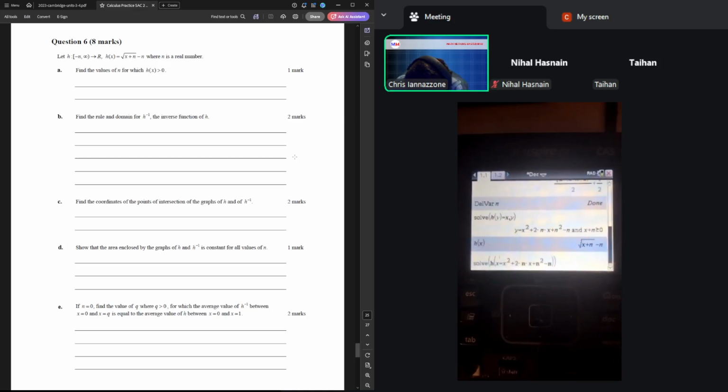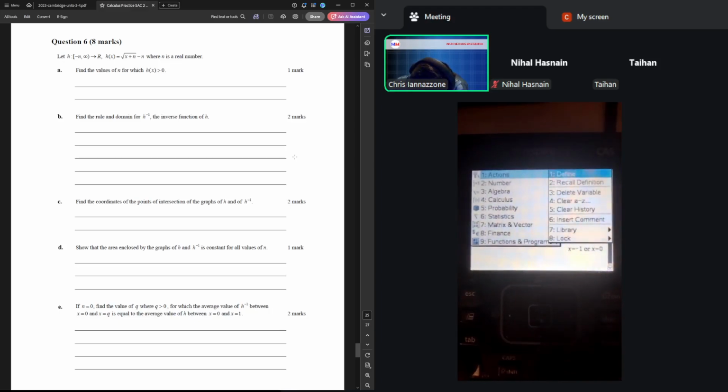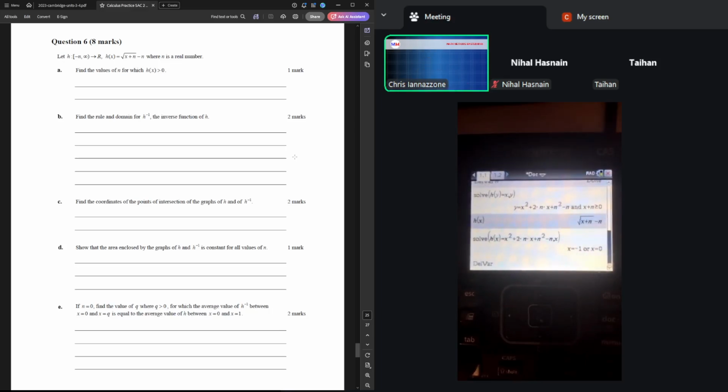I'll fix up the n in a moment. Just going to get this down so we can get a copy of it later. And then quickly kill the n because we're using it as a slider. Now if we do it, we'll get them in terms of n here.